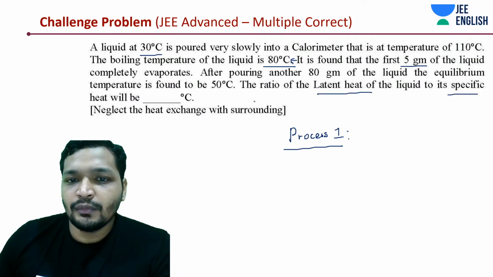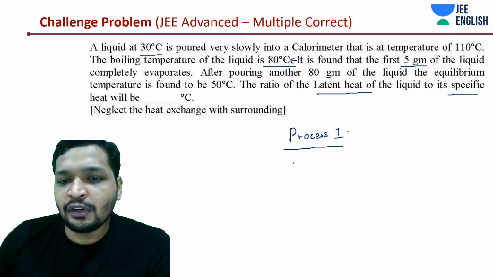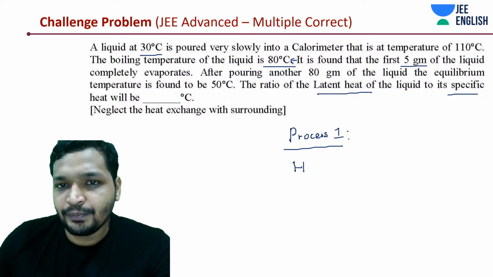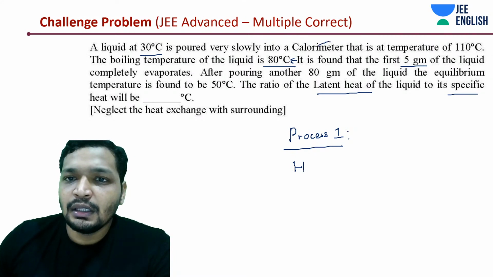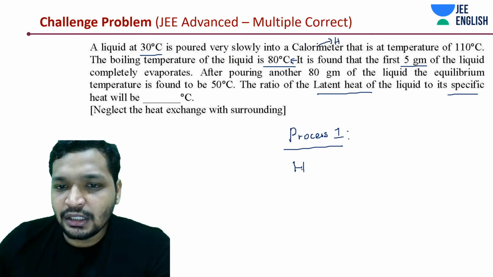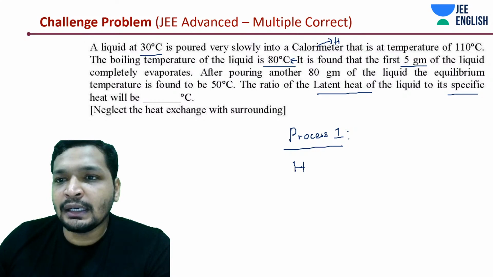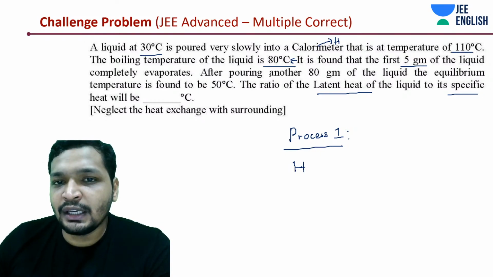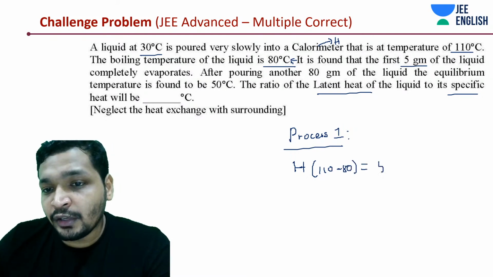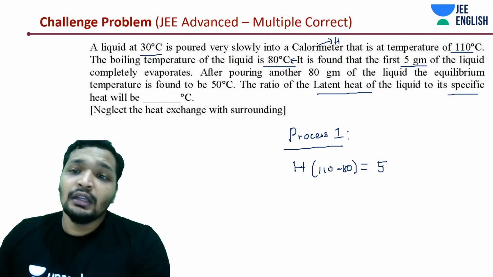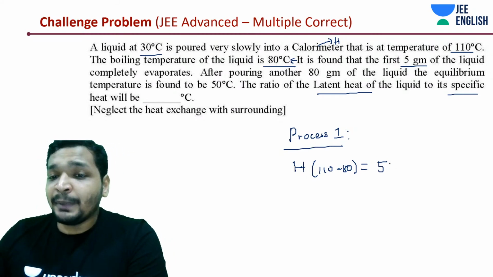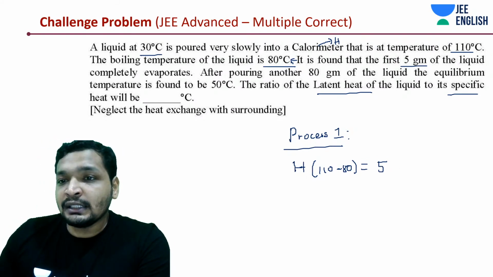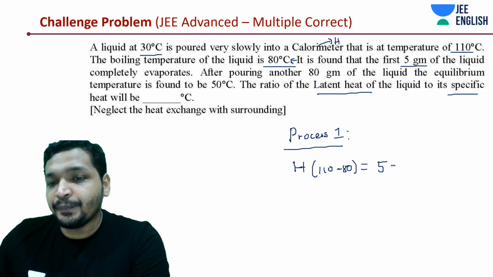Okay, let's say the heat capacity of the calorimeter is H. What has happened? It reached from 110 degrees Celsius to 80 degrees Celsius. And what about your liquid, that 5 grams of liquid, at some fixed specific heat capacity C?